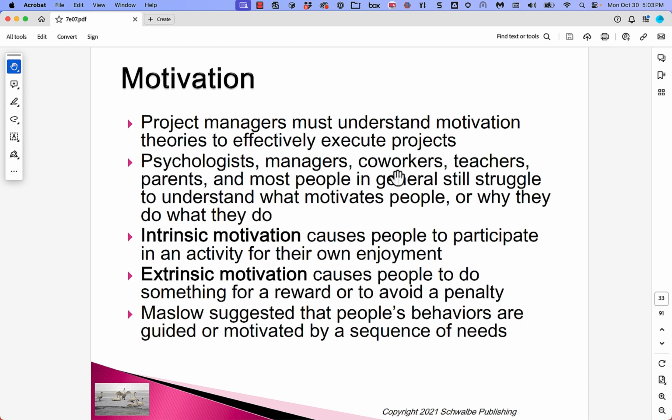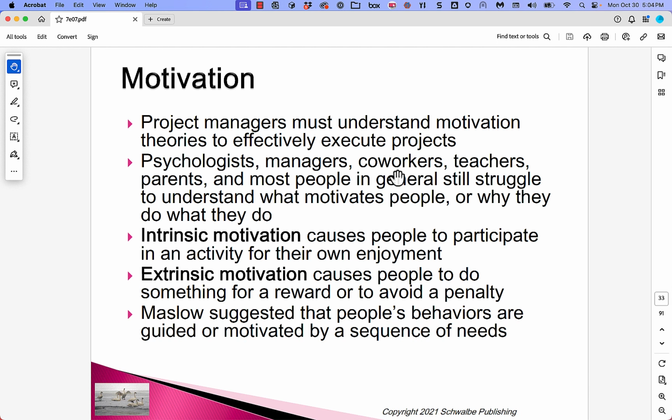Let's talk about motivation. Okay, we've got a bunch of people here. In terms of the resources, we probably are not going to be able to motivate the conference rooms and the machines and all that kind of stuff. But we are going to be able to motivate the people. So project managers have to understand motivation theories to effectively execute projects.